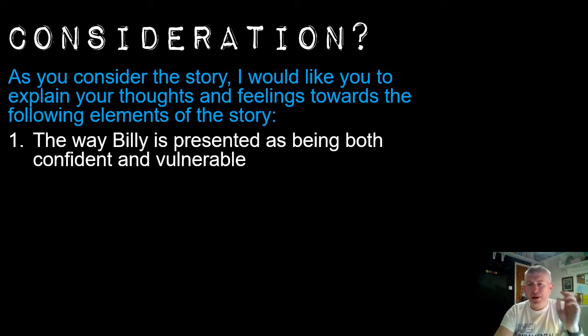I'm suggesting that Billy in this story is presented as being confident and vulnerable. I want you to find the evidence of him being confident: the things he says, the things he does, the way the writer makes him seem confident. Then the opposite, this idea of vulnerability, and how the writer gives us that side of his character as well.